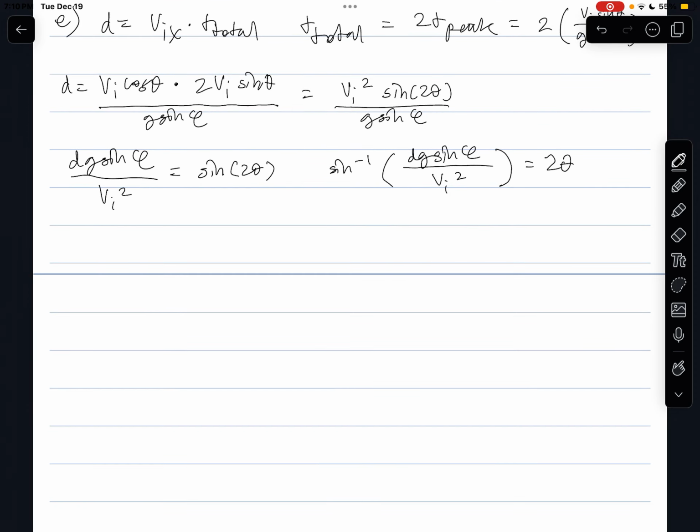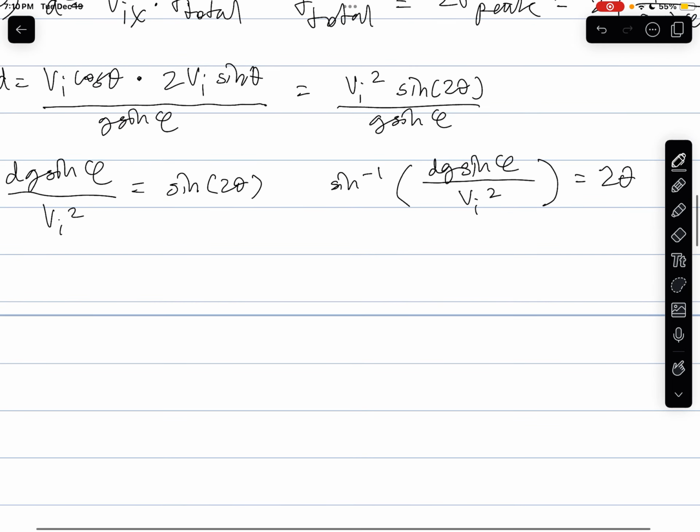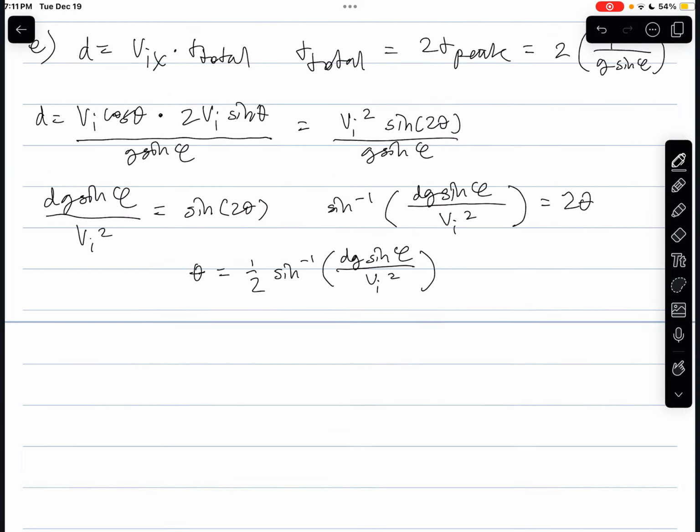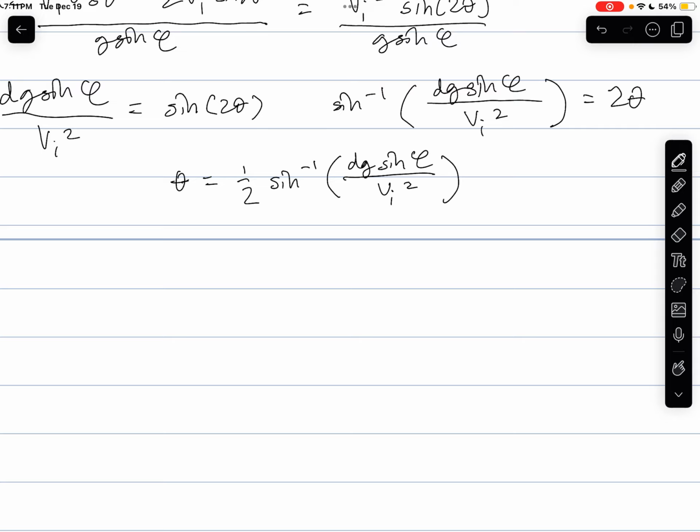To solve for theta, you divide both sides by 2. So theta is going to be 1/2 inverse sine of D g sine of theta 2 over VI squared.